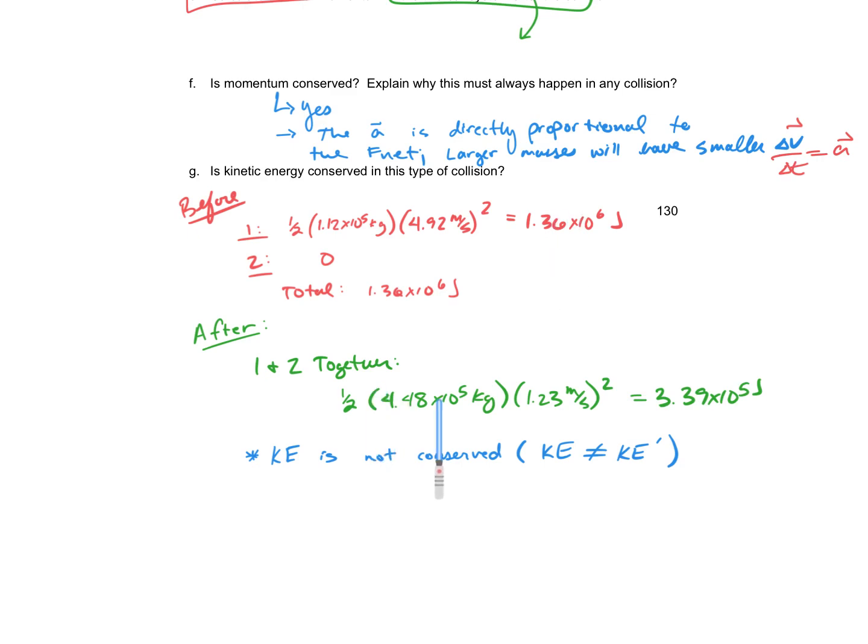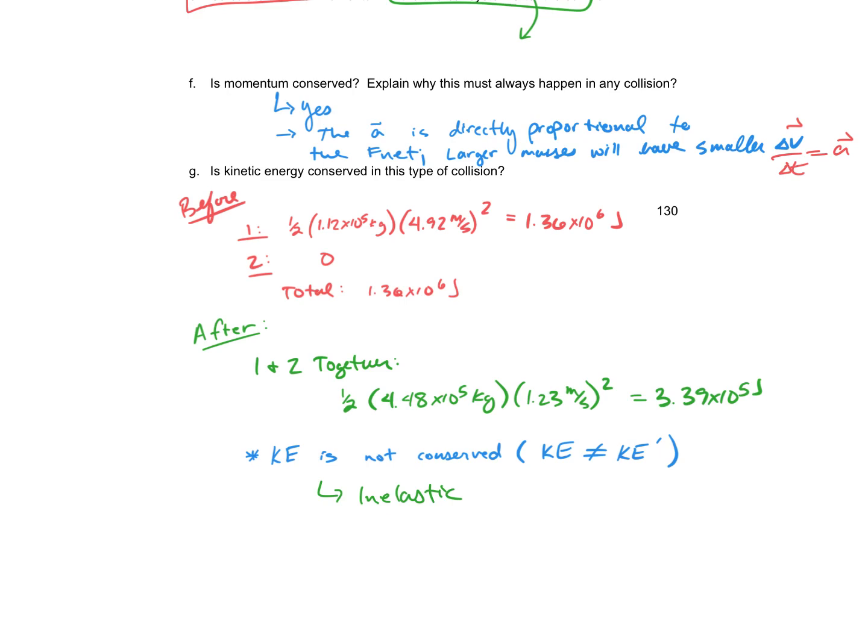After they stick together, you have this new mass and you have this new velocity. And if you calculate the kinetic energy of these two carts together, it's way less than what you started with. So in this example, you can see for inelastic collisions, kinetic energy is not conserved.